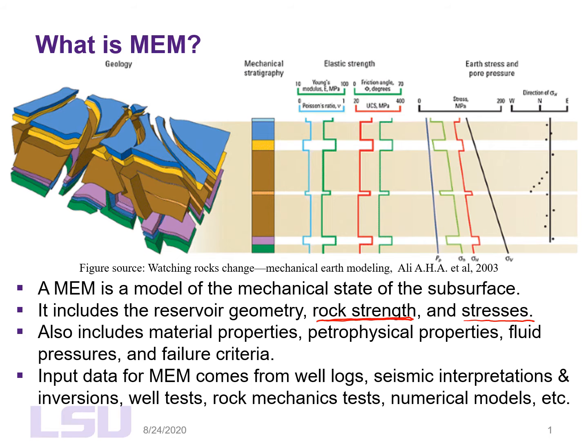The mechanical earth model also includes the material properties of the rock. And material properties include elastic properties, which are Young's modulus and Poisson ratio when you have linear isotropy. So those are some mechanical properties. These are also mechanical properties.